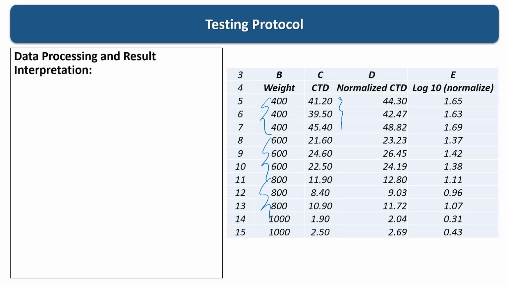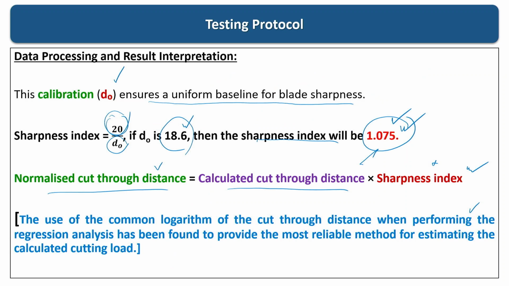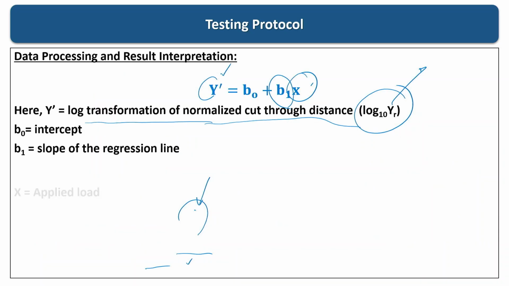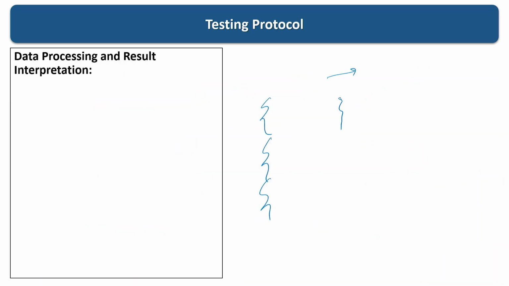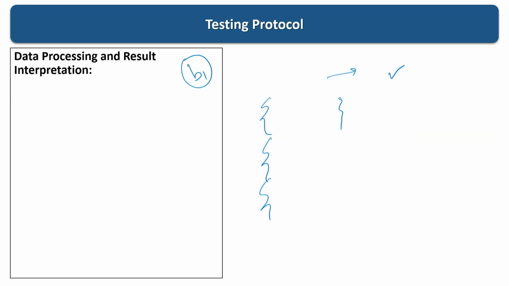And then we multiply by the sharpness index, I will go back here, to get the normalized cut through distance. So, the normalized cut through distance is there, and then we calculate the slope. Slope is B1 as per the previous slide. I will go back to the previous slide.